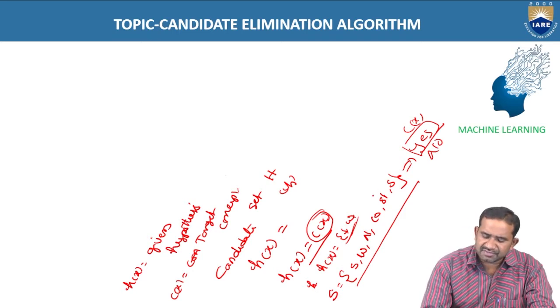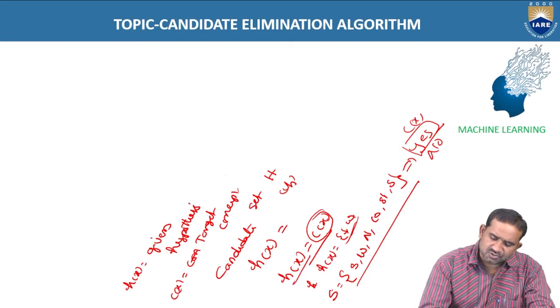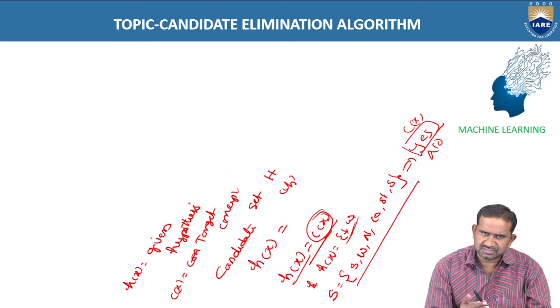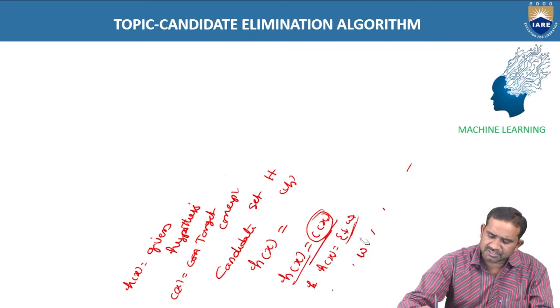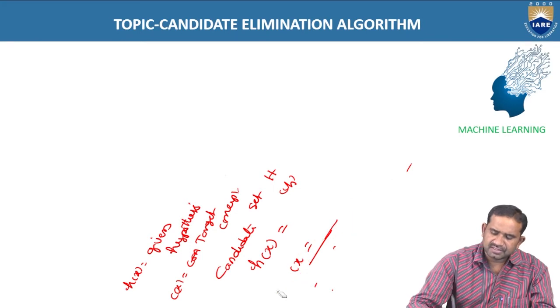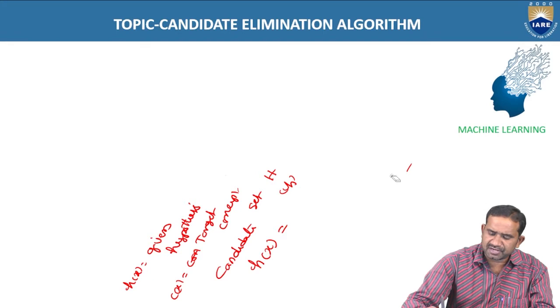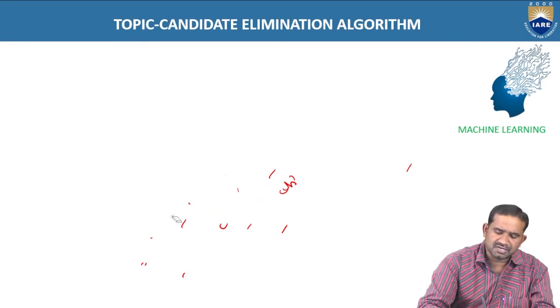If h(x) is equal to c(x), then only it is called a consistent hypothesis. That is, we compare the given hypothesis h(x) to the target concept or target function c(x) in our training example.